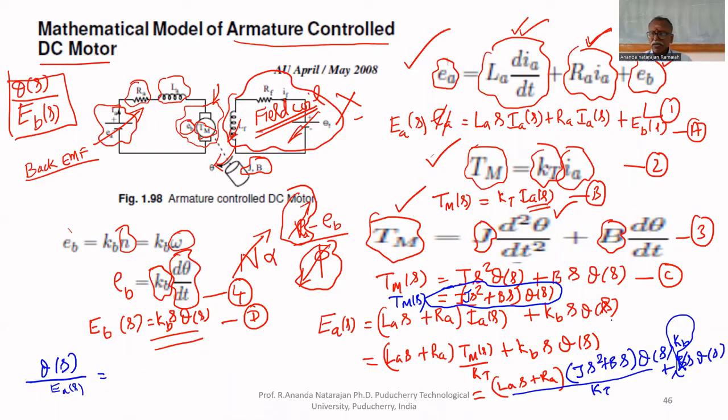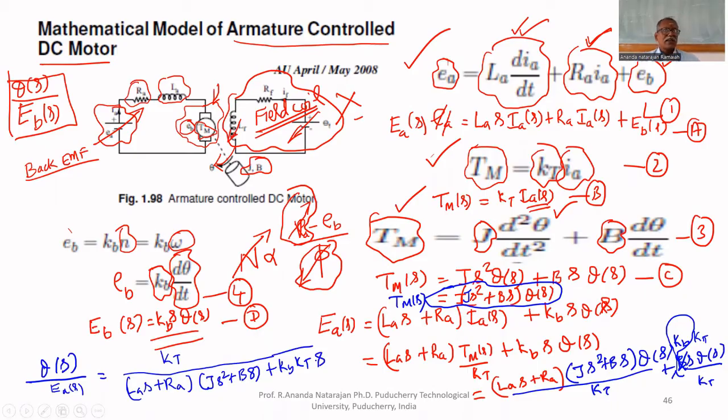If you take KT as the LCM, you will get KB KT upon KT. Am I correct? I am taking the LCM KT. Therefore, you will get KT in the numerator. In the denominator, you will get LAS plus RA multiplied by JS square plus BS, plus KB KT S. That's all. So this is the transfer function model of the given system.